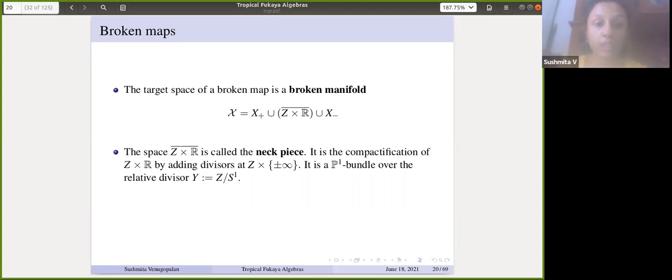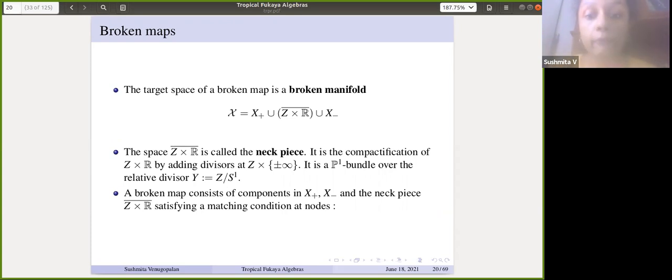It is the compactification of Z cross R by adding divisors at plus and minus infinity. And therefore it is a P1 bundle over the relative divisor. So in some sense, we like to think of it as a thickening of the divisor. So the divisor has 4 dimensions, so you thicken it by a P1 bundle, so the fibers have 2 dimensions.